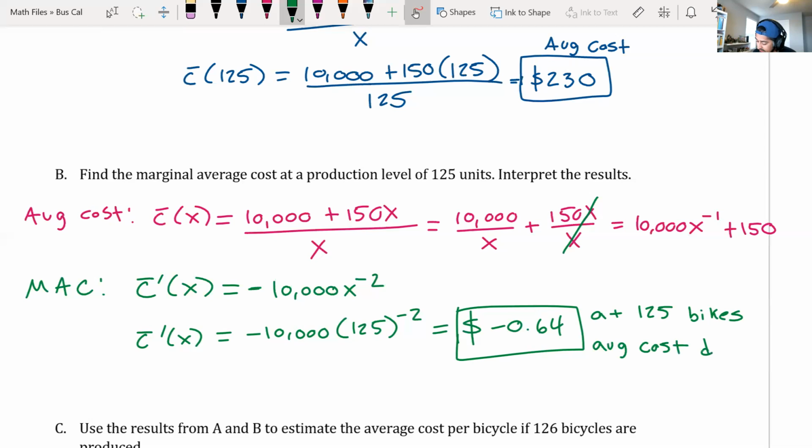Decreasing, because it's negative, right? So if we're producing 125 bikes, and if we go past that, our average cost of producing these bikes is going to decrease.